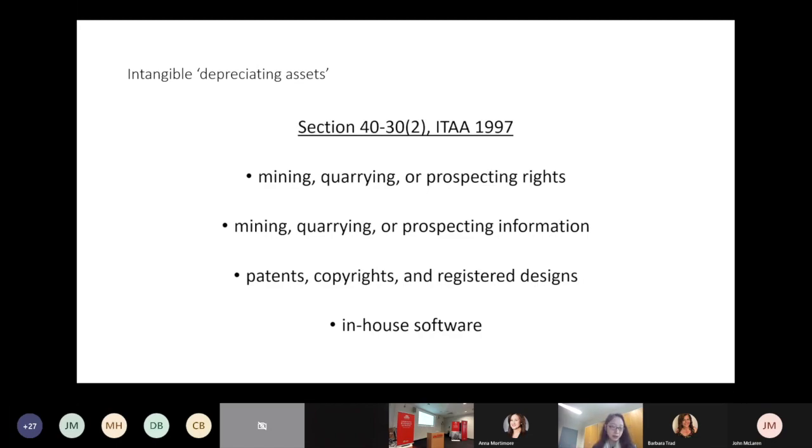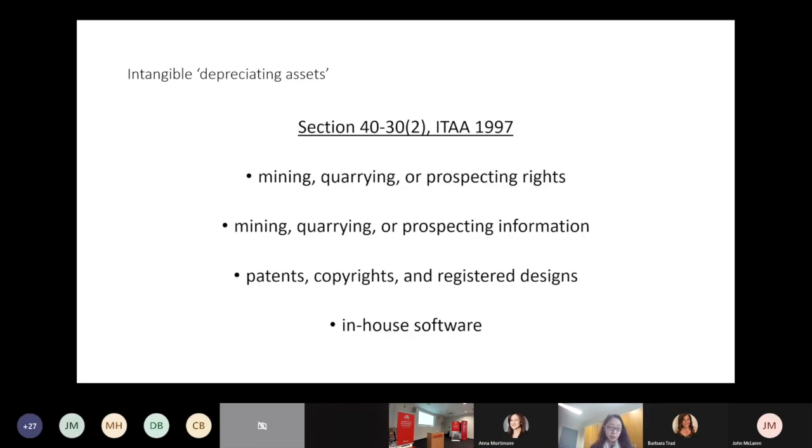We'll end up the presentation with some discussion on the cases. Now, they've been generally introduced to provide special preference to specific industries, not because of any legal principle based on their intangible nature. For example, rights and information related to mining, quarrying and prospecting have been deductible for many, many years as part of a special industry regime that recognizes various costs involved in resource extraction and processing.